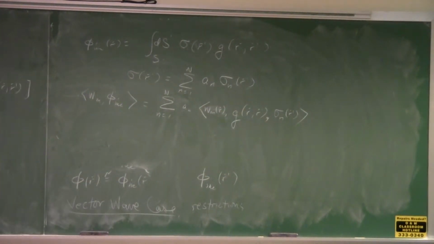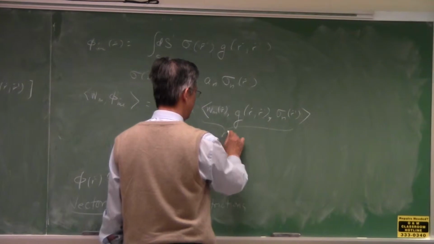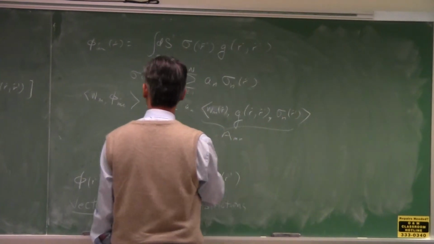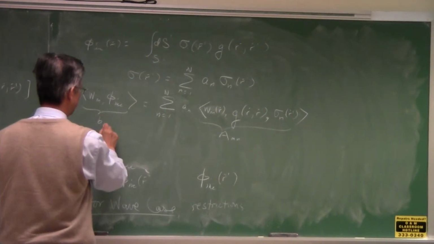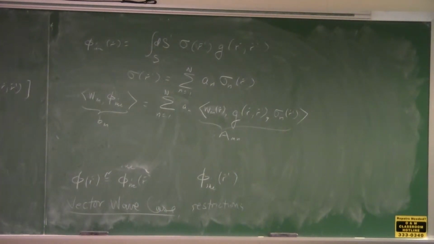Okay, I can convert this into a matrix equation. This could be the matrix A m n. This could be the vector B m. I have a matrix system to solve. Okay.